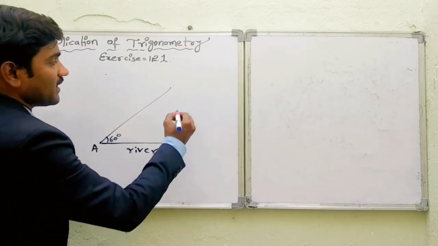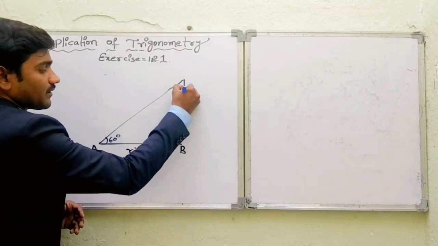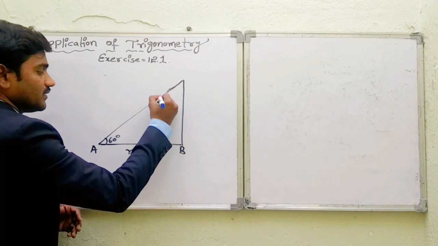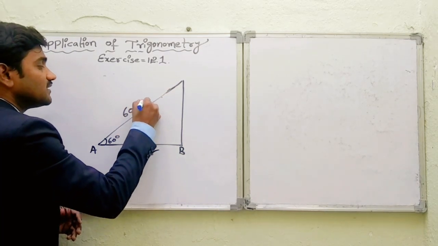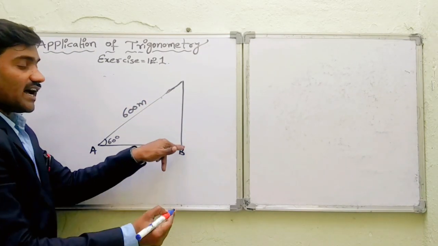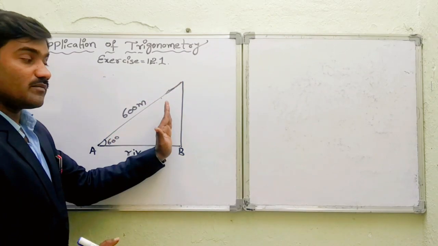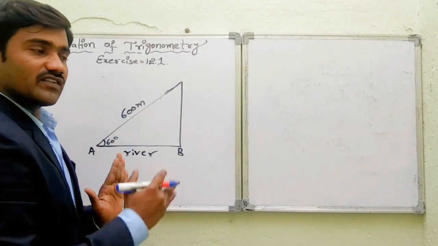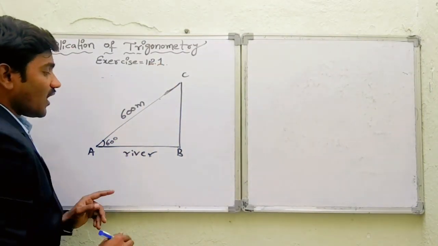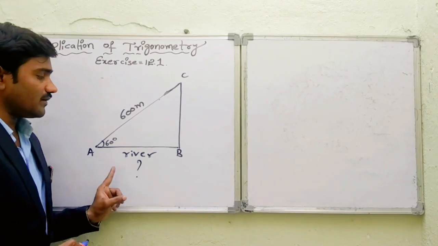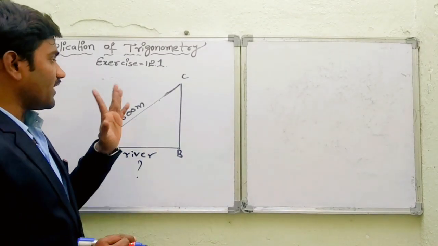So it takes 600 meters to reach the other side of the river. So this is C. Now actually we need to find out this width of the river. Very simple. We need to find out using this 600 meters.